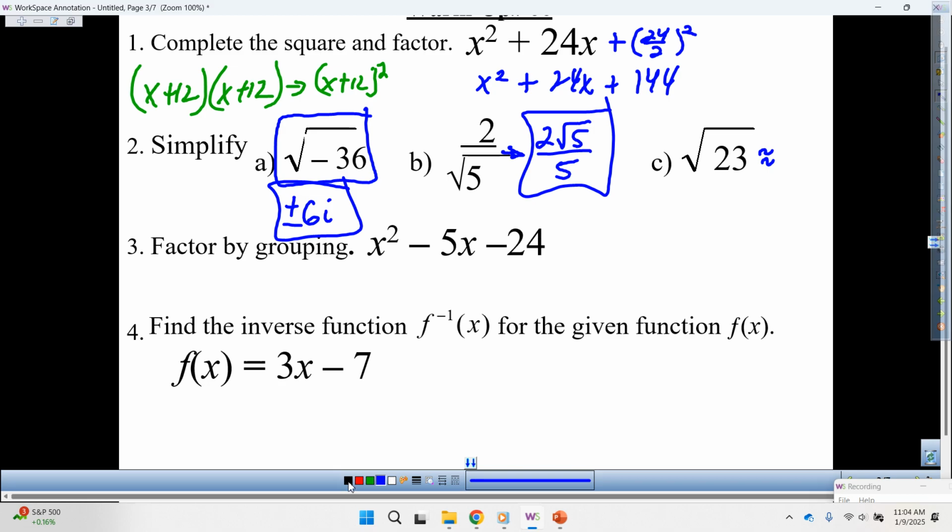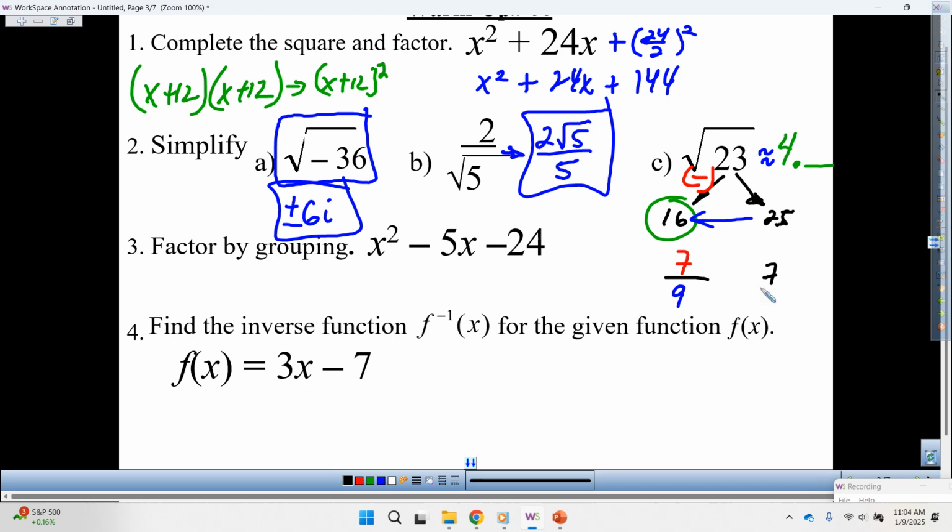Walk us through it. Between what two perfect square numbers is 23 found? 16 and 25. So that means if we take the smallest number and take the square root, then it's going to be 4 point something. All right, how do we find that something? Subtract 16 from 23, that's 7, divided by 25 minus 16, that's 9.